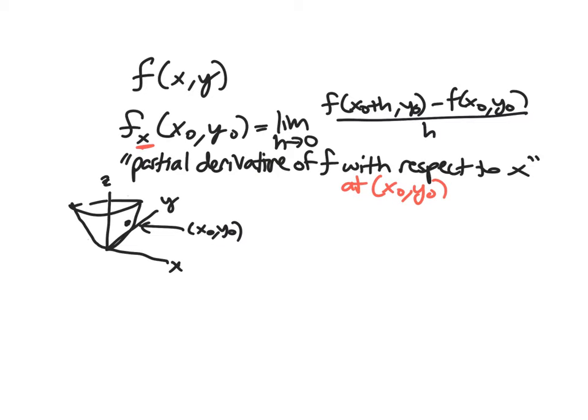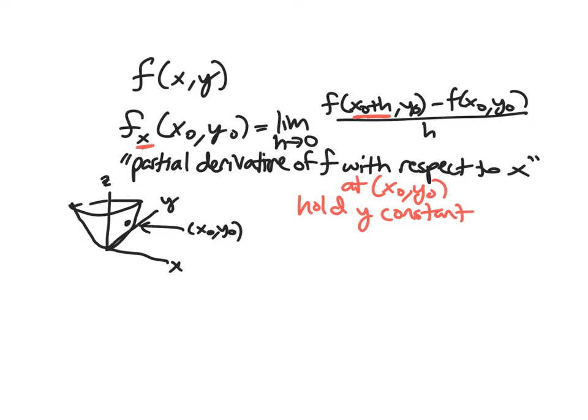And so what we do is basically the same thing that we did in single variable, except, like I said, we're holding y constant here. By holding y constant, I mean that there is no change, so it just sticks. I start at my point x naught, y naught, and then as I'm changing direction, I am only moving in the x direction. This h only affects my x coordinate.